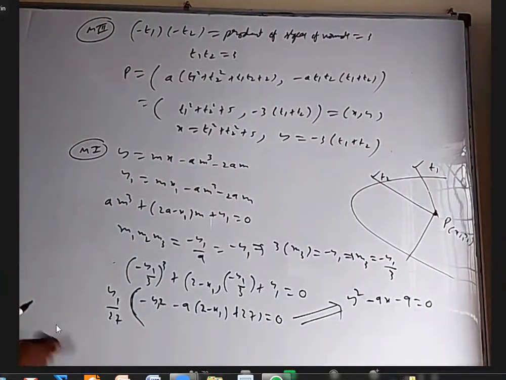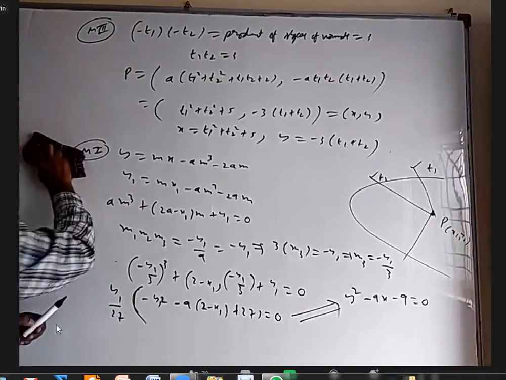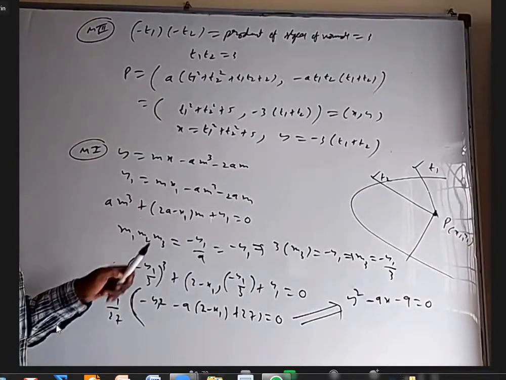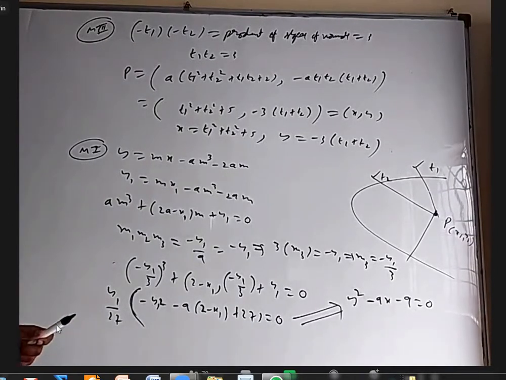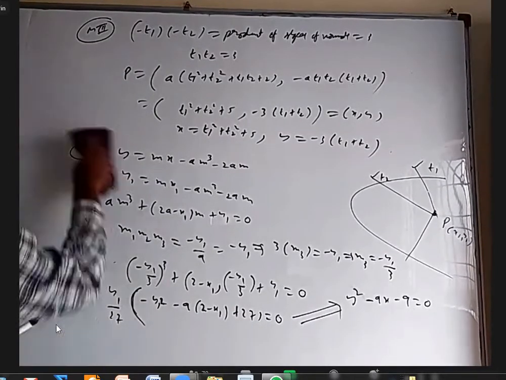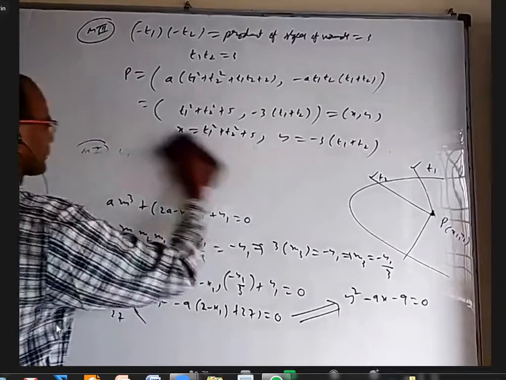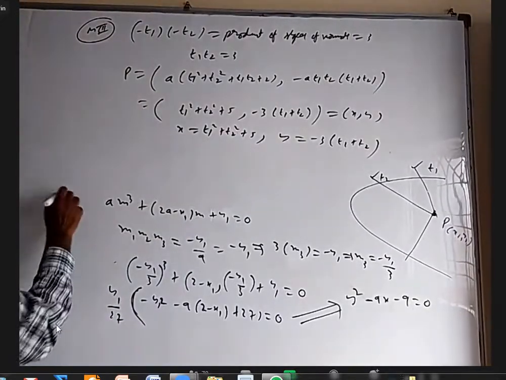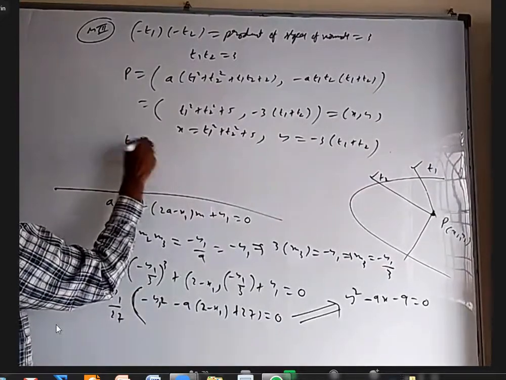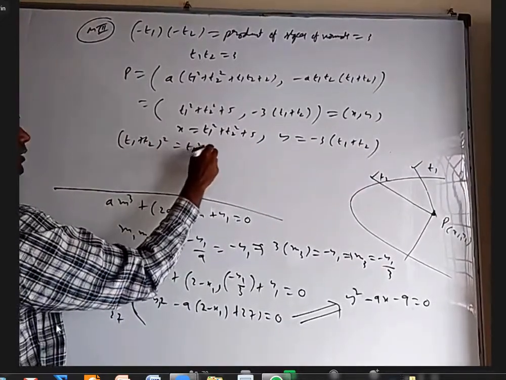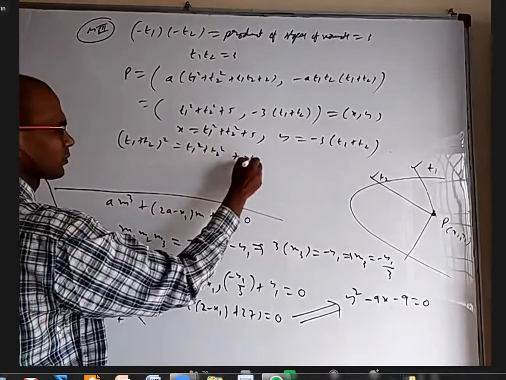So how to eliminate t1 and t2? I'm arranging two lines here. Is it okay? In method 1? Yes. Okay. How to eliminate is very easy. Simply use this formula: (a + b)² equal to a² + b² + 2ab.